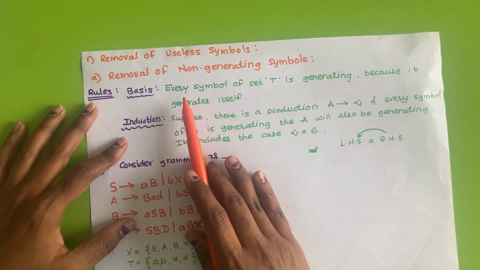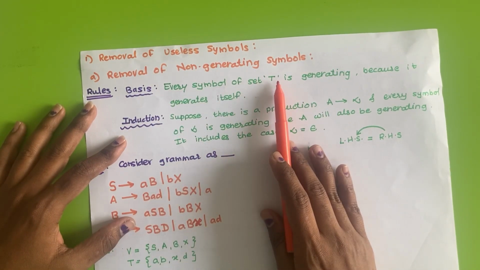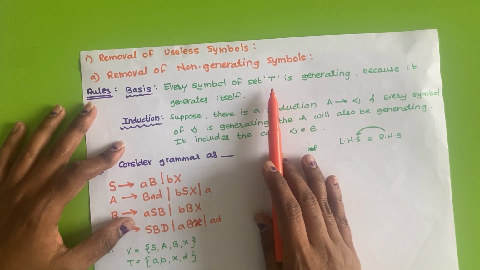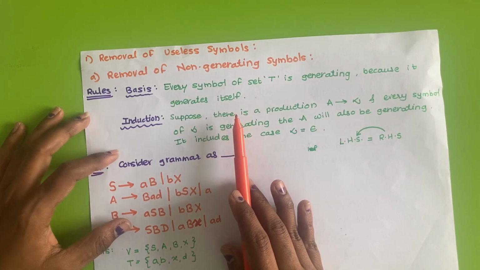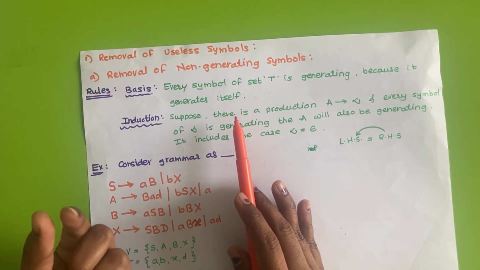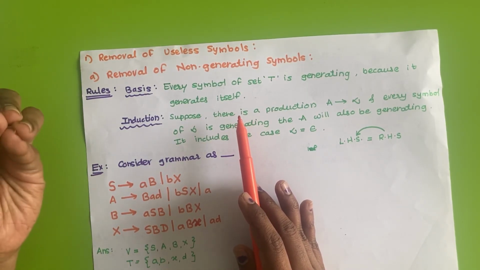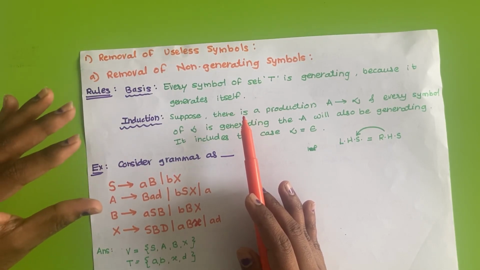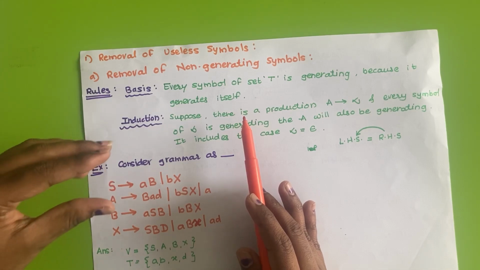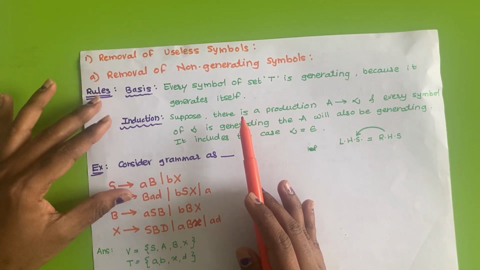What does the basis rule say? It says every symbol of set T, where T is the set of terminals, is generating because it generates itself. As we know, alphabets or any input symbols are the basic of every finite automata, or we can say for every CFG also.